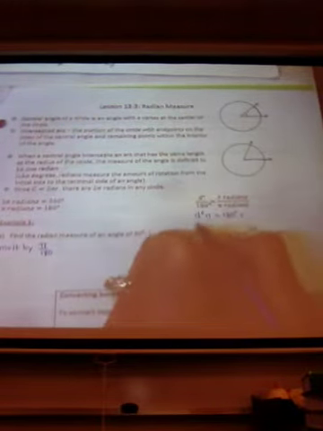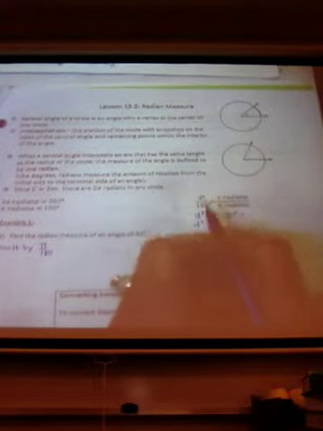And if I would find what the degree is, you would divide by pi on both sides, and you would get 180 degrees over pi, because r is 1.